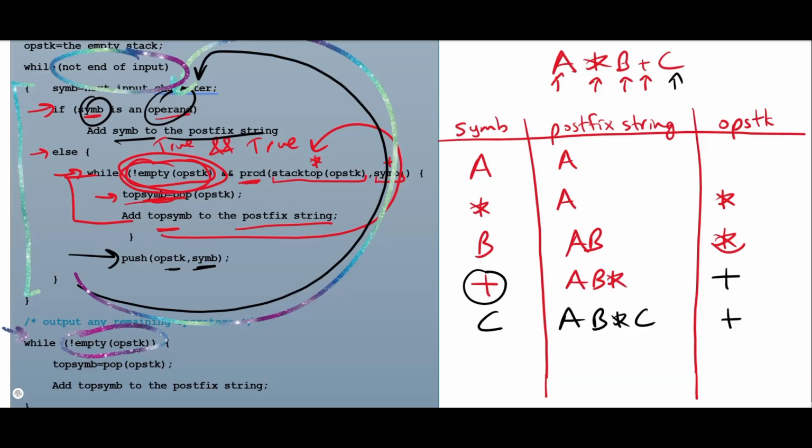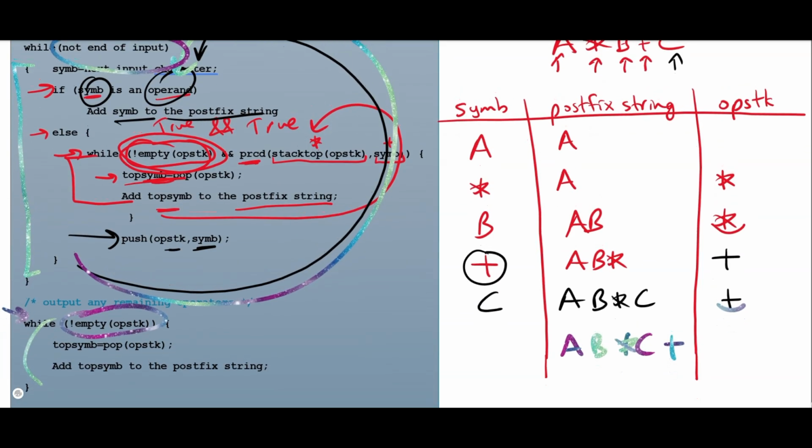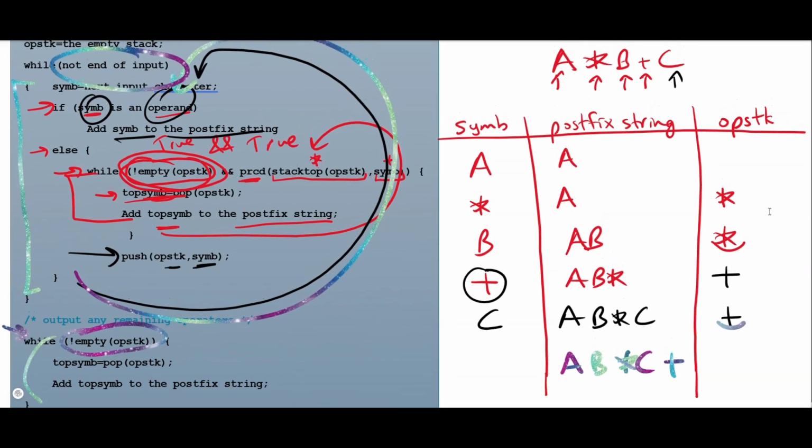So I will pop this, add it to my postfix string, and then the stack will be empty, and this loop will terminate also. Now what we have: I entered this infix and I got this postfix.